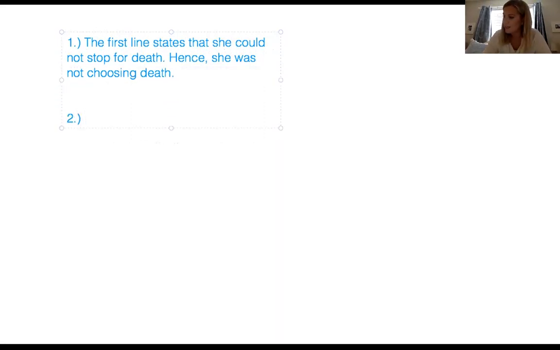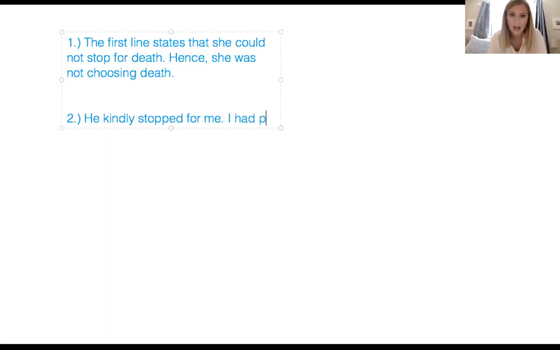Number 2 says the author uses words with positive connotations to describe the speaker's feelings about dying in eternity. So what are those positive words that we know that she's not too upset about death coming to pick her up? Well, it says, He kindly stopped for me.